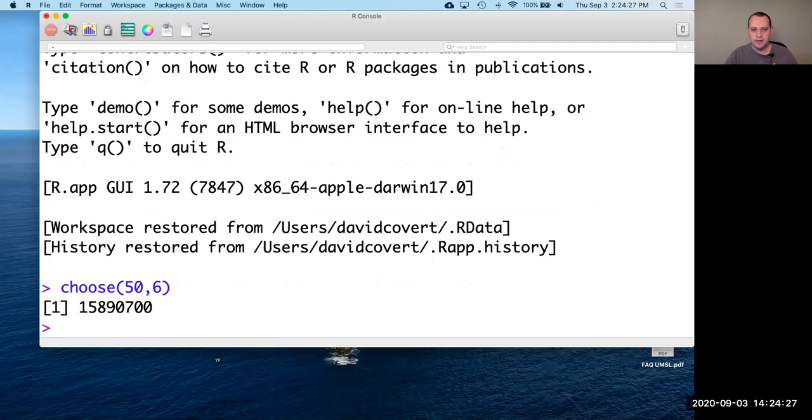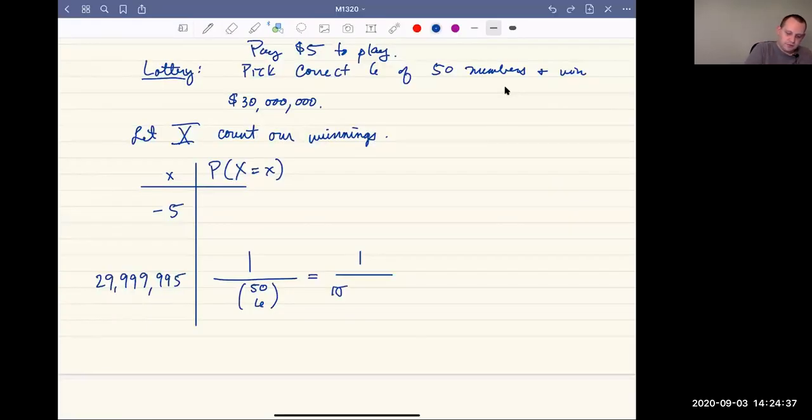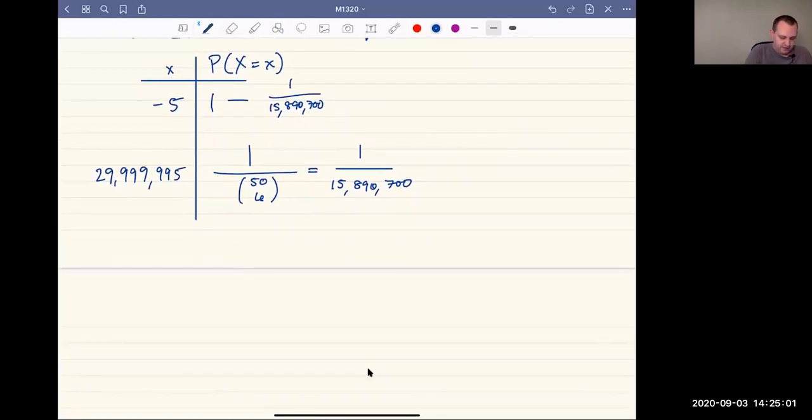Let's go back to the iPad. So this is 1 out of 15,890,700. That's our chance of winning, and our chance of losing is 1 minus 1 over 15,890,700.